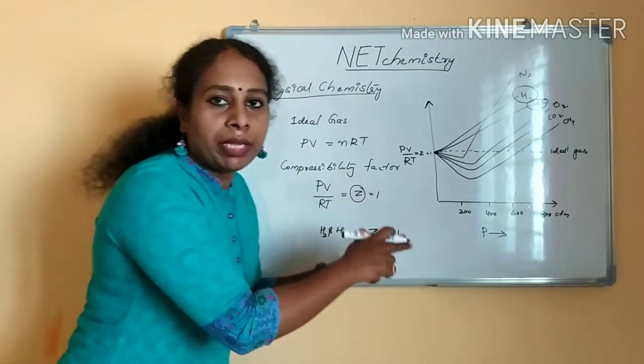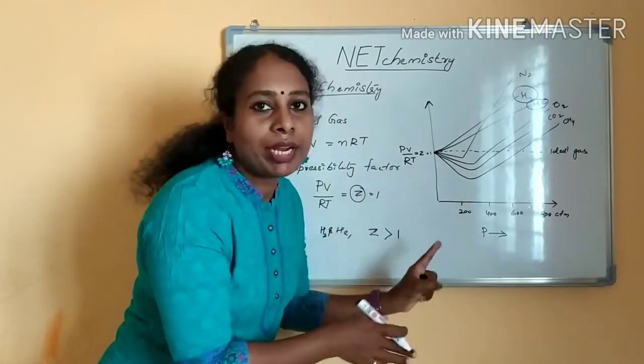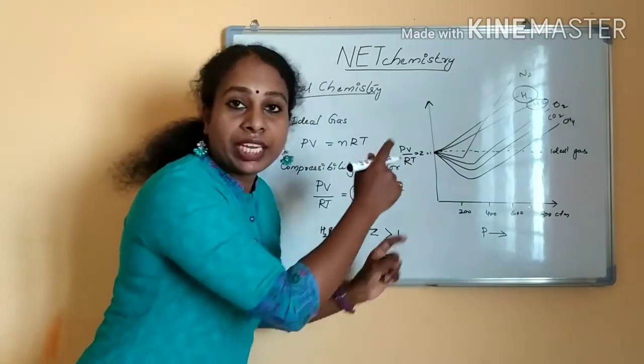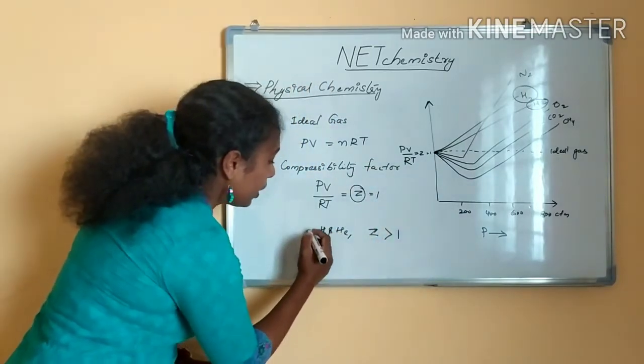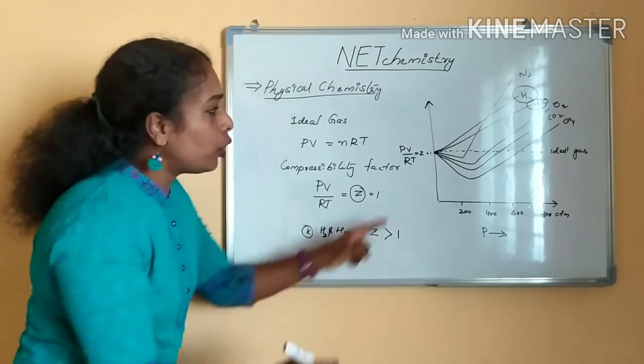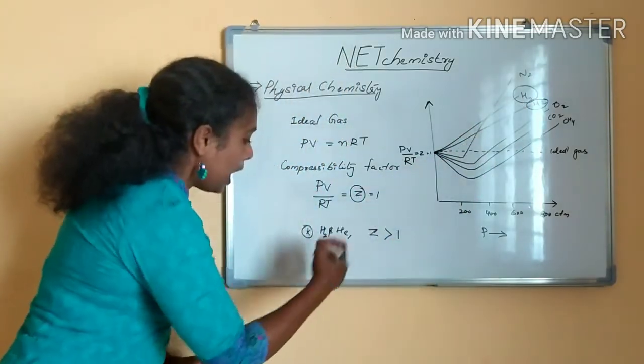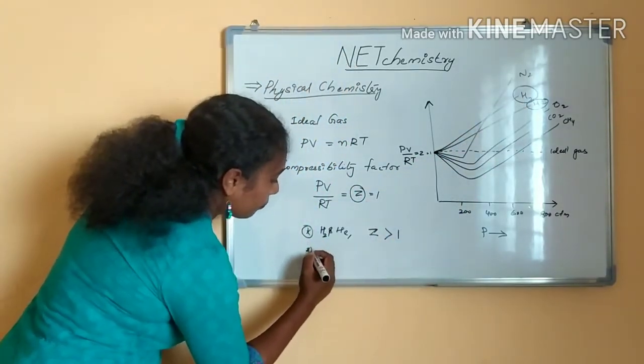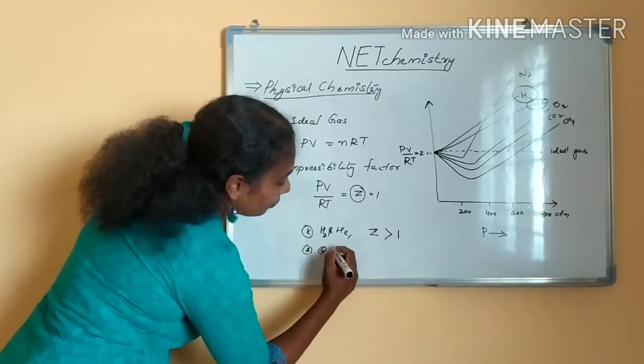From this isotherm, I am writing the conclusions we can get from this graph. Hydrogen and helium always have Z greater than 1, and at low pressure what will happen?